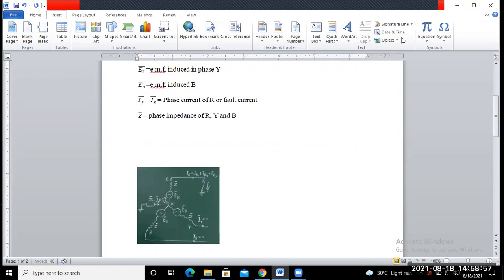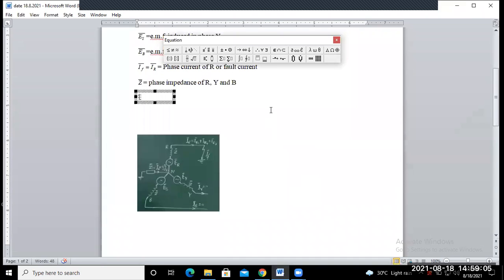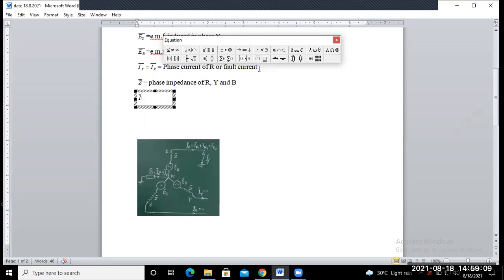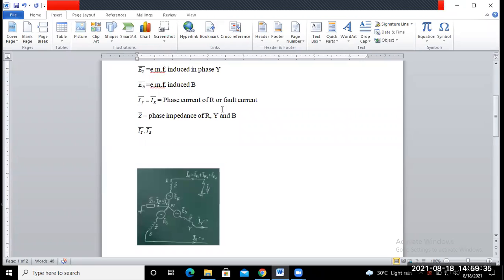IY and IB are the phase currents of phase Y and B.